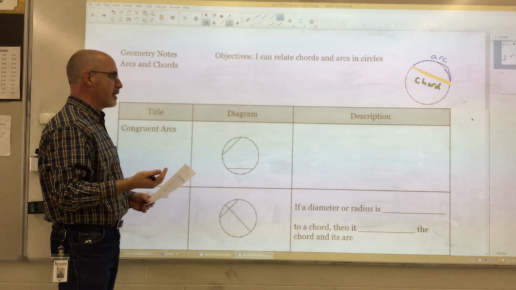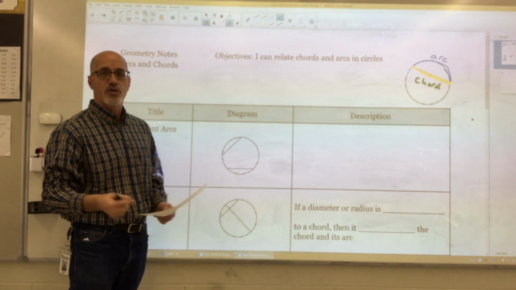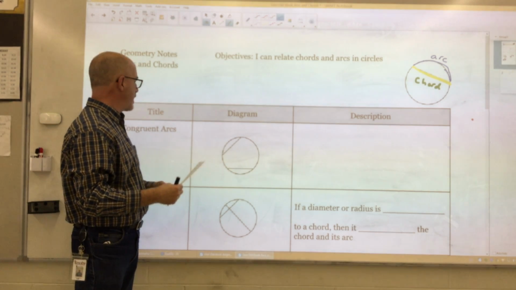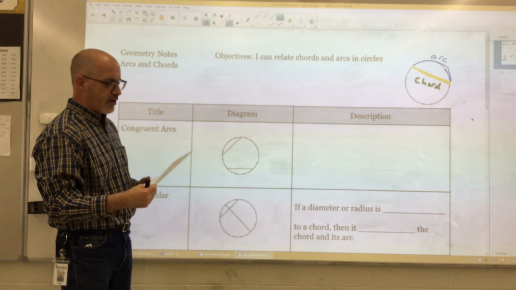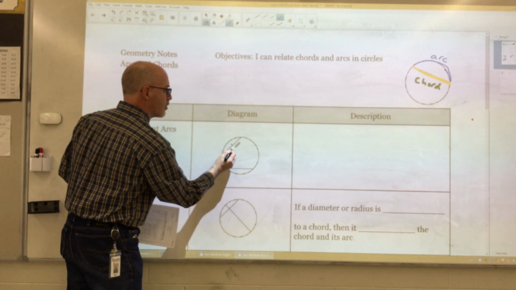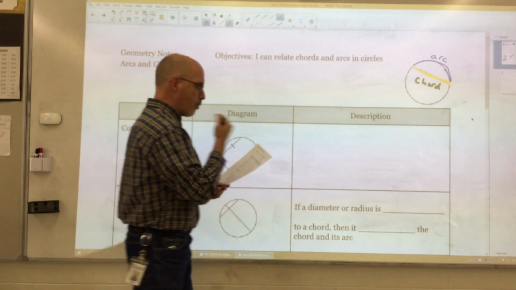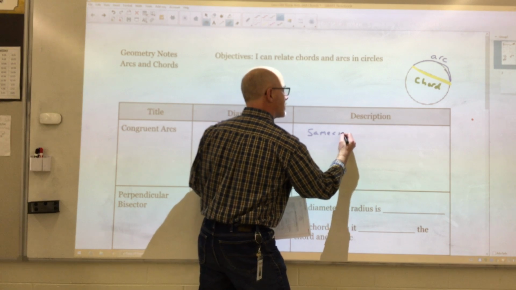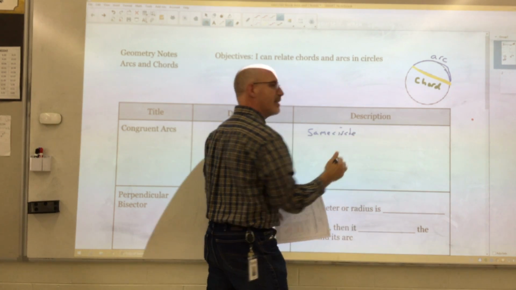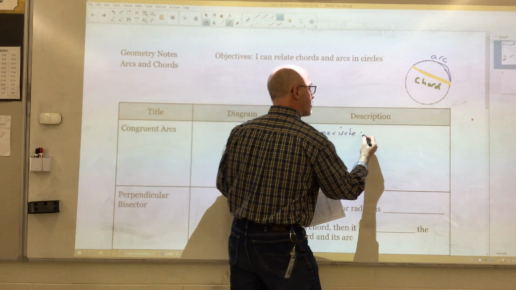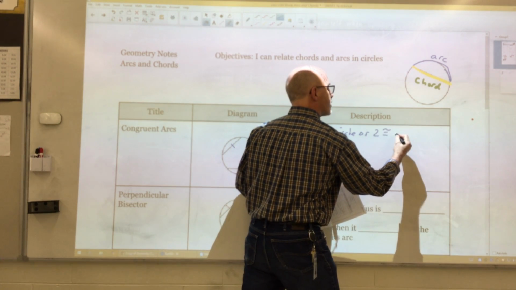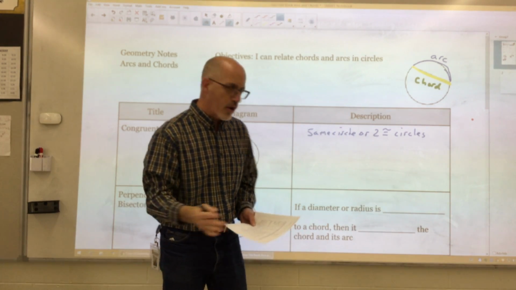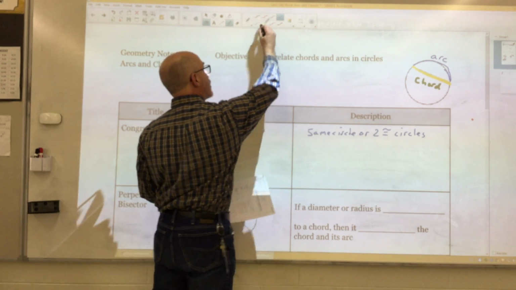So let's talk about some definitions and also some terms and maybe some formulas that we're going to use. First of all, we're going to talk about congruent arcs. When you look at a diagram like this, if you've got these two chords congruent, in the same circle, this is what's given to us, or even if you've got two congruent circles, then when you've got congruent chords, the arcs are congruent.